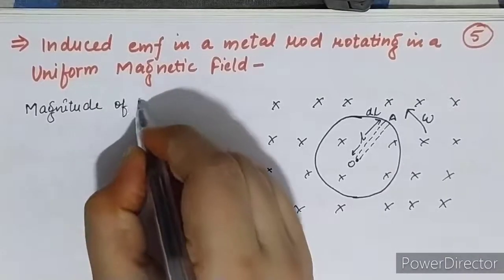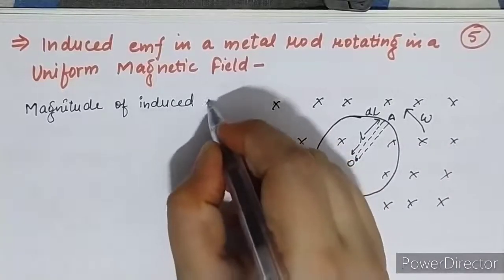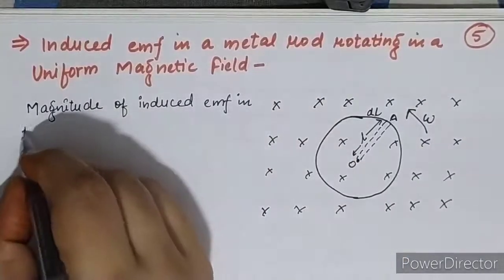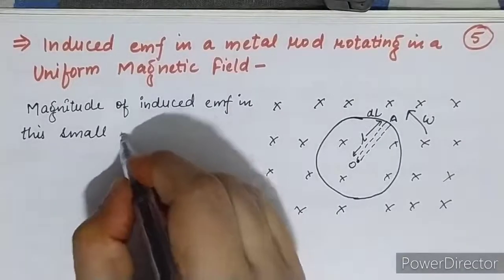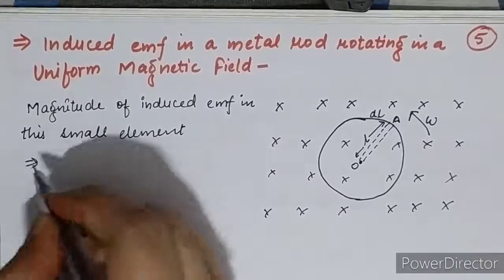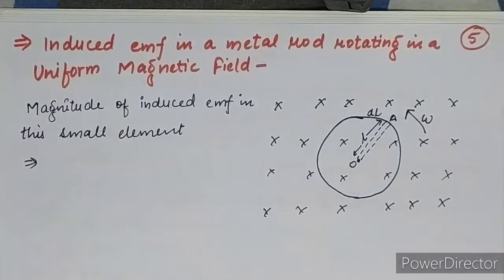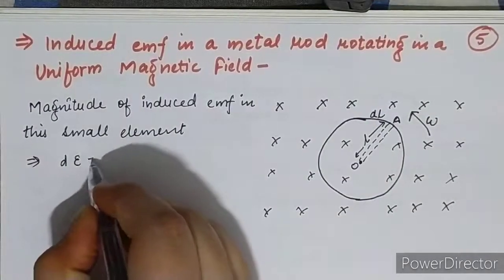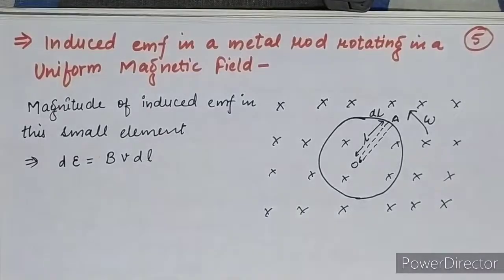In our previous two lectures we have discussed that E is equal to BVL. For the small EMF, for the small length, it is dE equals BV dl.